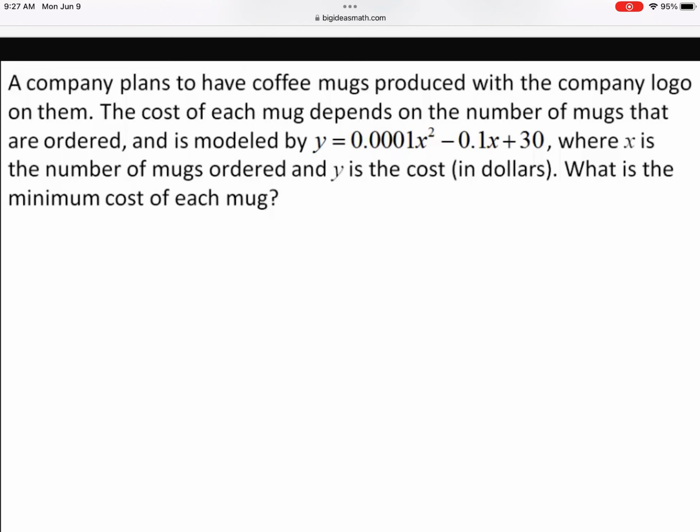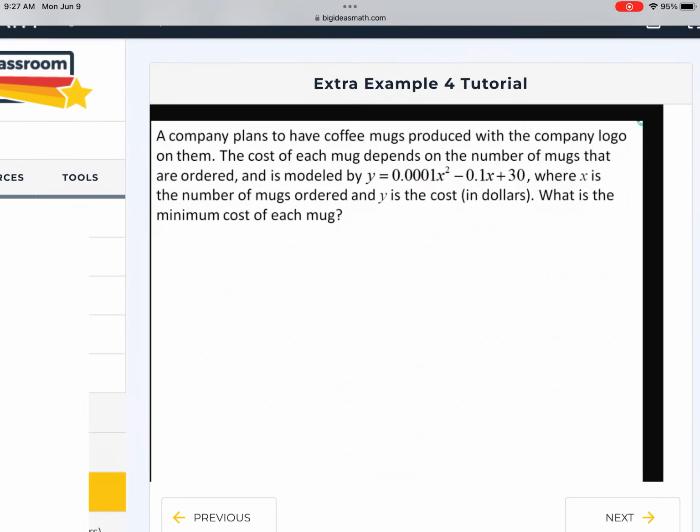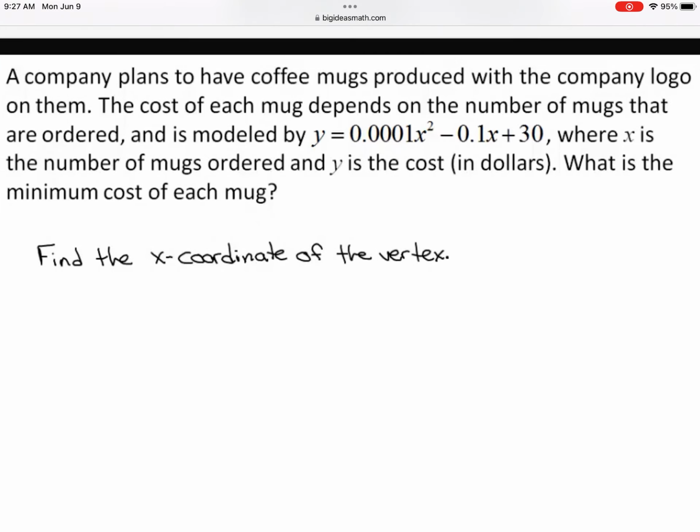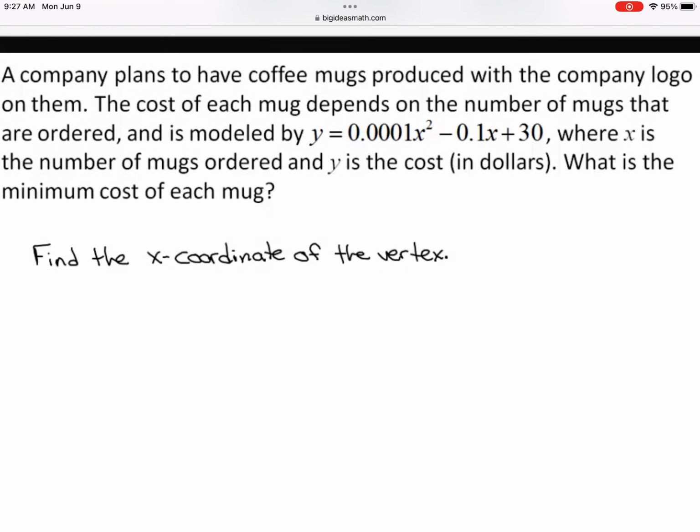The minimum cost of each mug is given by the y-coordinate of the vertex of the graph of y equals 1/10,000th x squared minus 1/10 x plus 30. First find the x-coordinate of the vertex. Write the equation for the x-coordinate of the vertex, x equals negative b divided by 2a.